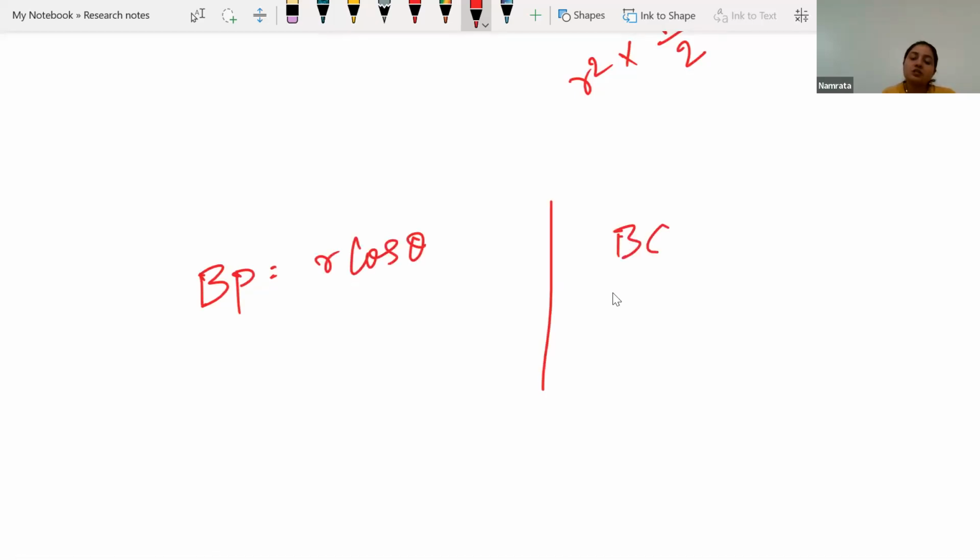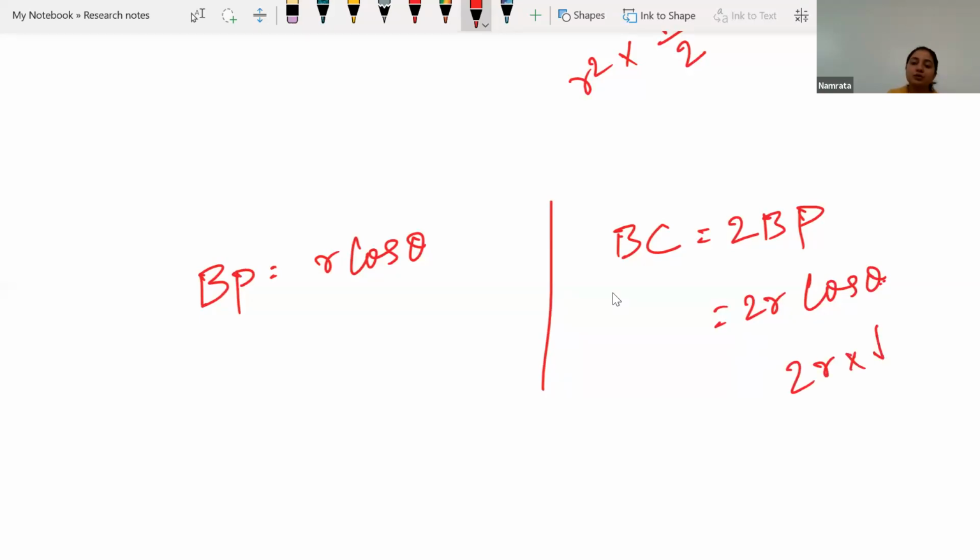And BC, the total base of the triangle, was 2 times BP. So we can take 2R cos theta. Theta is pi by 6, so it will be 2R into root 3 by 2. This is our side BC. We have side BC as root 3R.